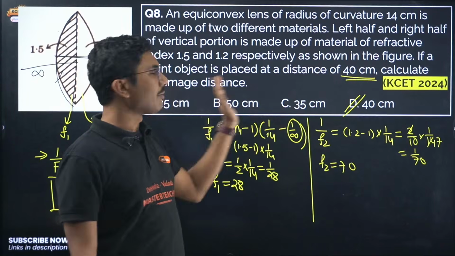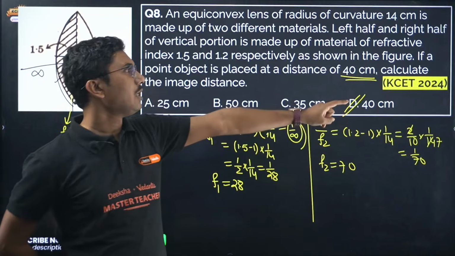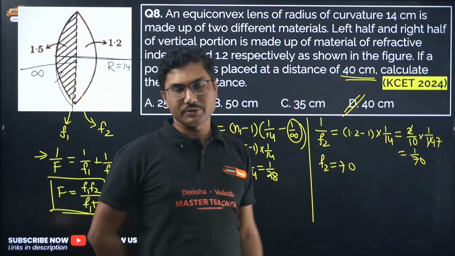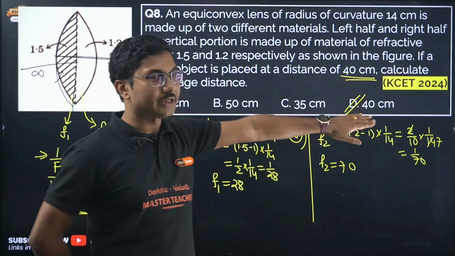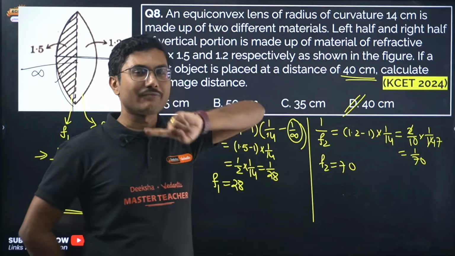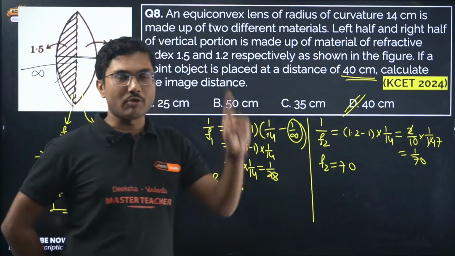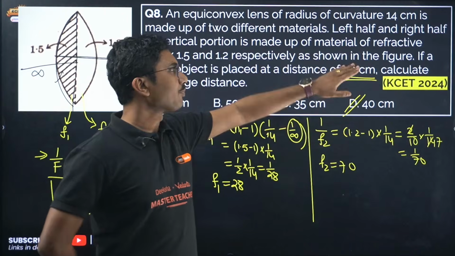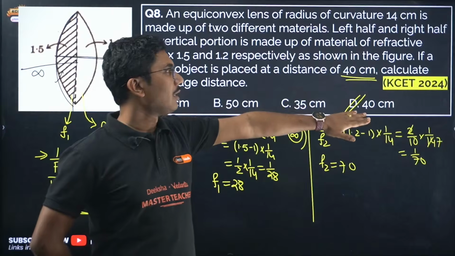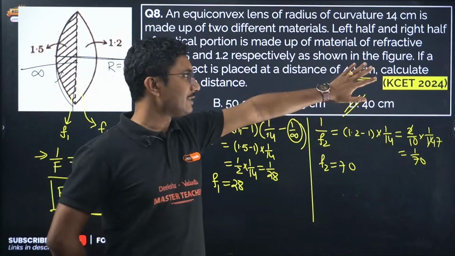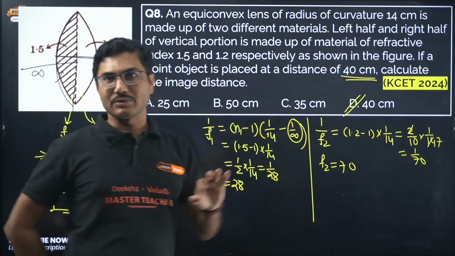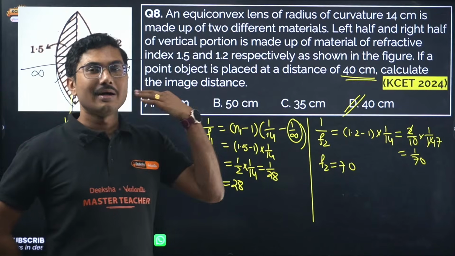These other values are most likely not possible, so this should be the correct answer. If there is an option given same as the object distance, you should choose that for guessing, if you don't have time or knowledge to solve the question. That is my guess. This is how scientific and experienced guesswork works.